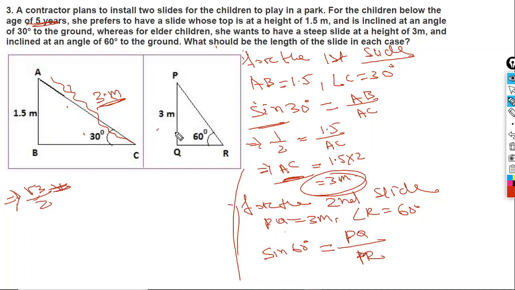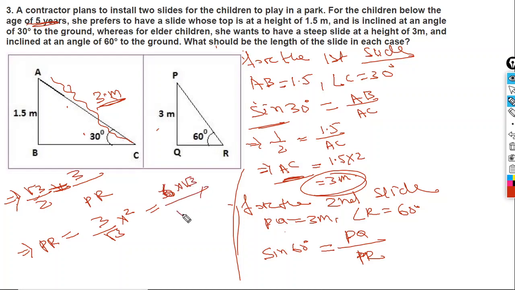Length of PQ is 3, so 3 by PR implies PR will be equal to 3 by root 3 into 2, which is 6 by root 3.